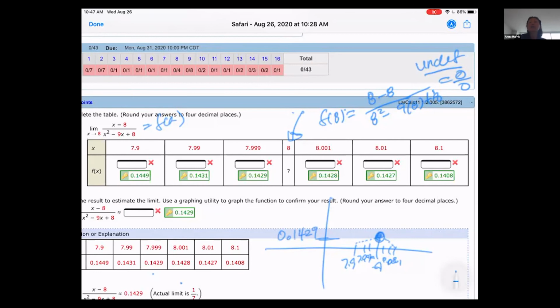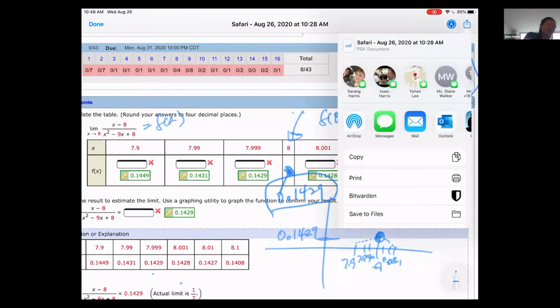So limit means if you have a y value, where that y value would be. And we know there's no y value, because 0 over 0 is undefined. But I can find the limit. The limit means if I plug in x equal to 8, where that y value would be if it existed. If it exists, that number will approach 0.1429. That's what they're saying. That's a limit.